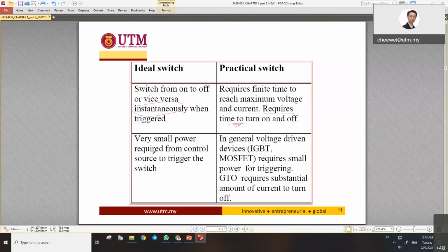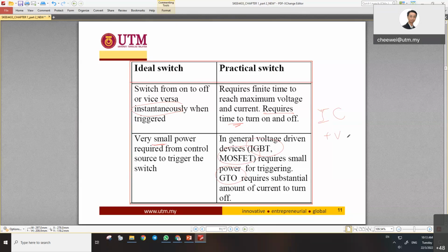Ideal, very small power required. Okay. Do you need power to turn on the device? In ideal case, small power. But in practical, it depends on what you choose. IGBT, MOSFET, GTO, they all have the requirement. For example, like you want to power your IC, integrated circuit. You need to feed the power to the integrated circuit, right?